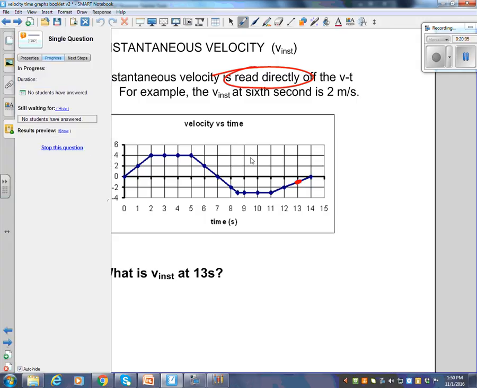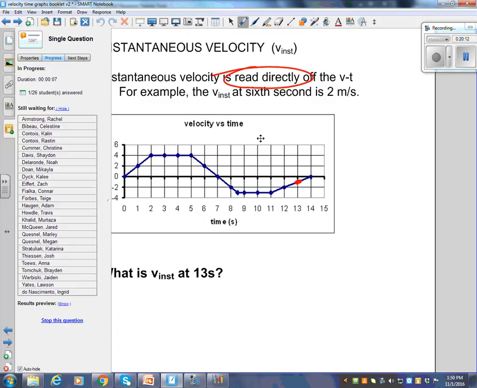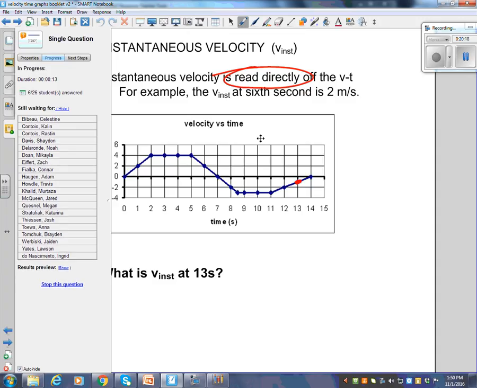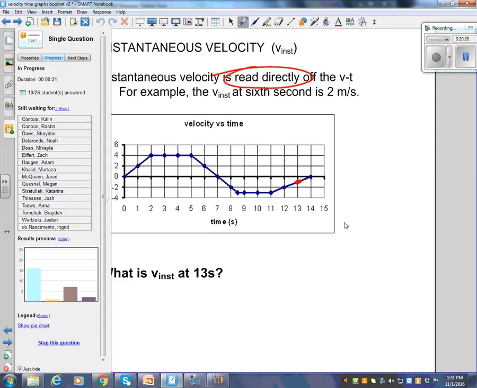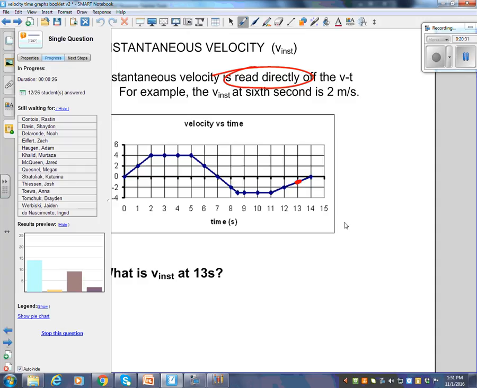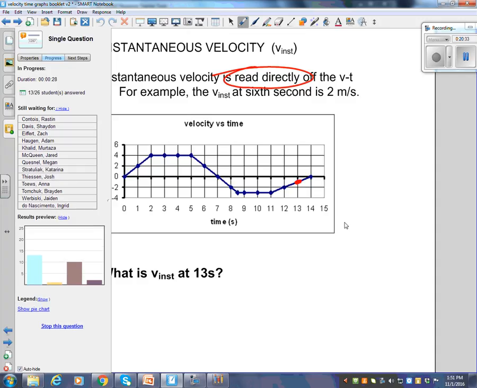V inst at 13 seconds. Think a little bit about what you're doing before you enter it in. We're looking for instantaneous velocity. We're getting two possible values.